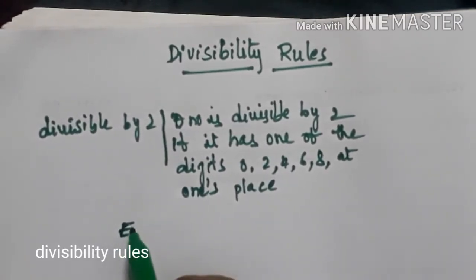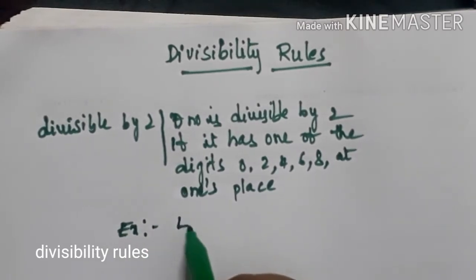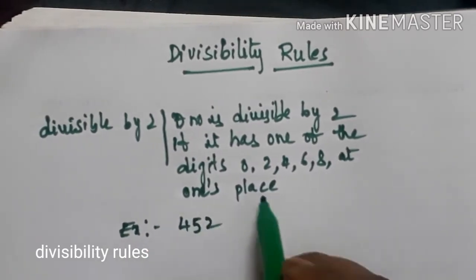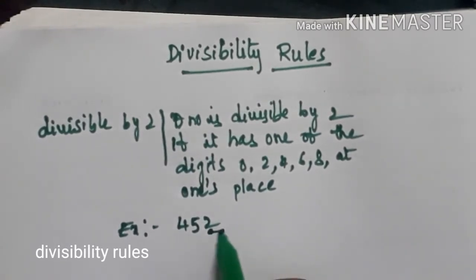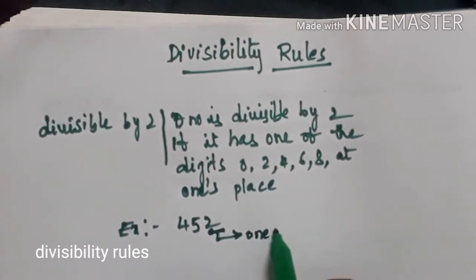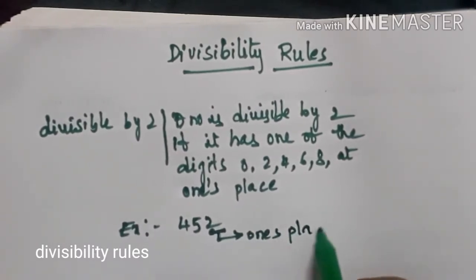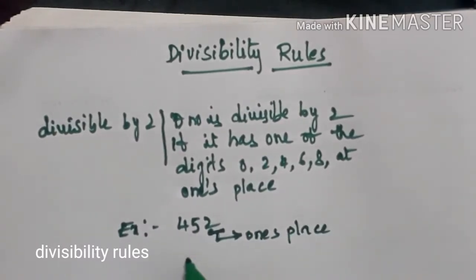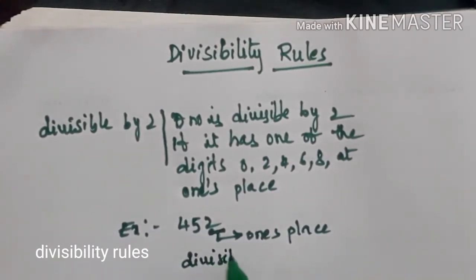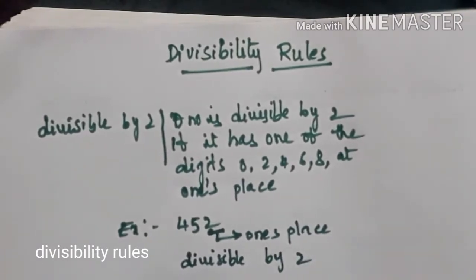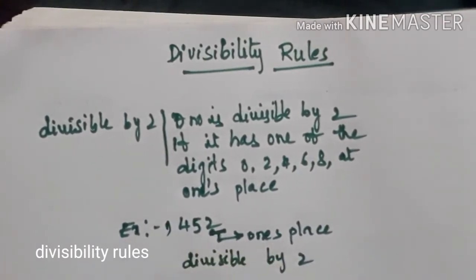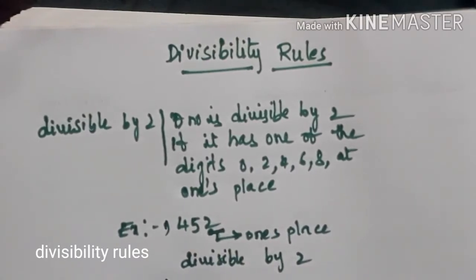452. In this number 2 is at one's place, so this number will be divisible by 2. So 452 is divisible by 2. Within a fraction of a second you can tell whether the number is divisible by 2 or not.